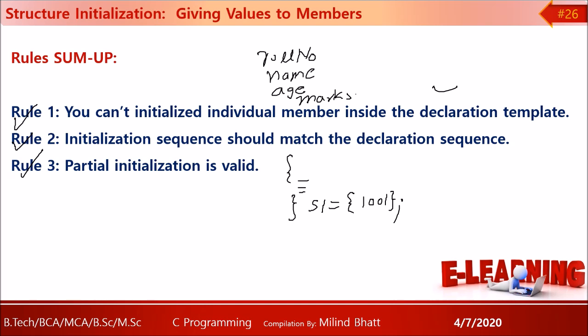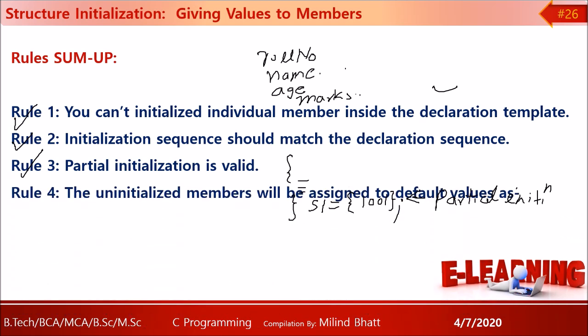What will happen? All the other values, name, age and marks, this is your partial initialization. This is valid. What happens to all name, age and marks?